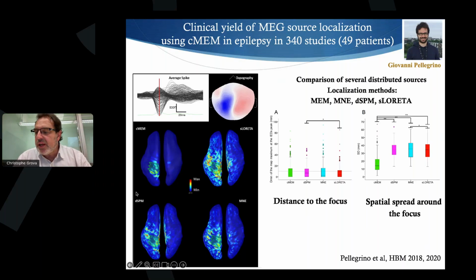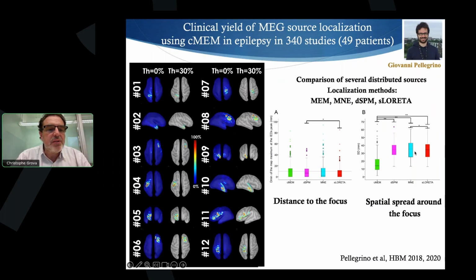It's quite robust to that. As you can see here, all the methods were localizing the presumed focus very well in terms of distance, but in terms of spatial spread around the focus, MEM was way better than the others. That's what you can see here on 12 subjects, where you see the different maps, non-thresholded and thresholded. So you see how focal and how relatively clean those maps are.